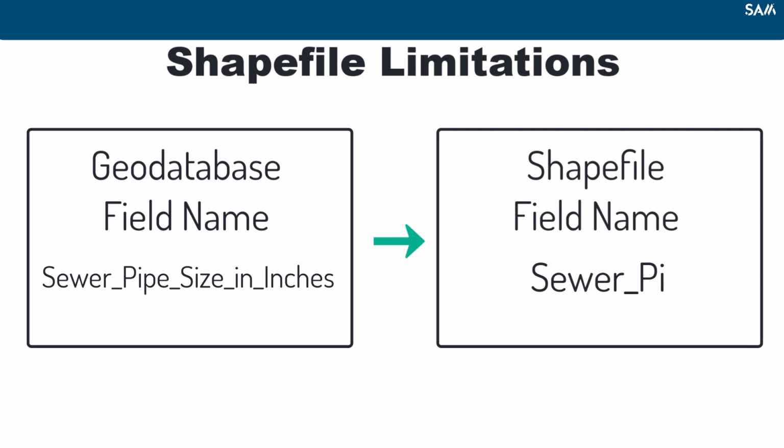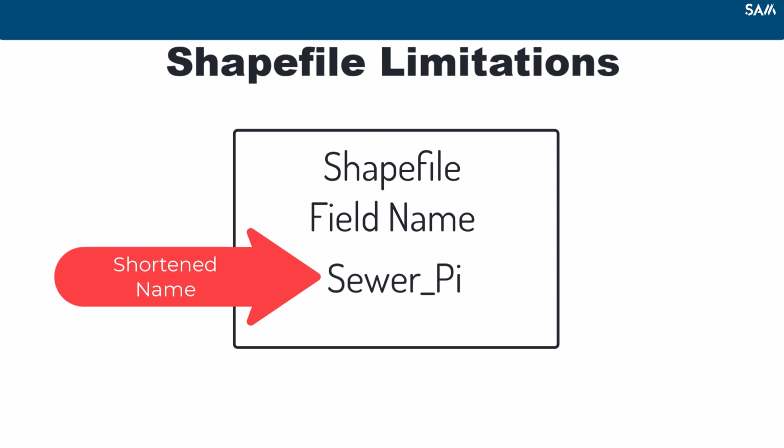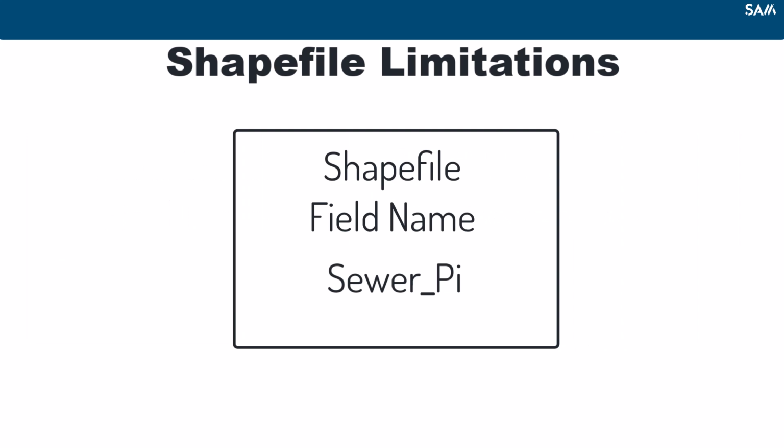And it may get shortened in a way that's not easily recognizable to what it originally pointed to, especially if you have several fields longer than 8 characters that share a common prefix, like name underscore something, or something along those lines. So keep that in mind as you're going.